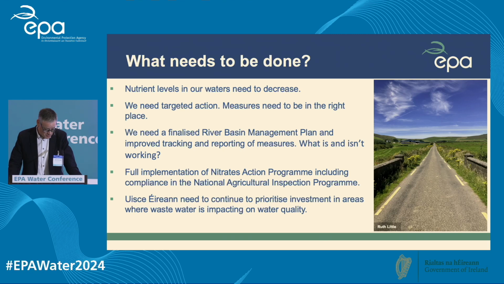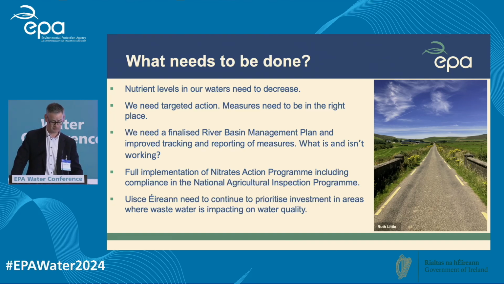But what needs to be done? It sounds simple, but it's a basic statement that nutrient levels need to decrease in our waters. That's basically it. We just need to get the nutrients down. We need targeted action, and I know Fintan had alluded to it, that the right measures need to be in the right place, and that's become a real mantra, and it's true.